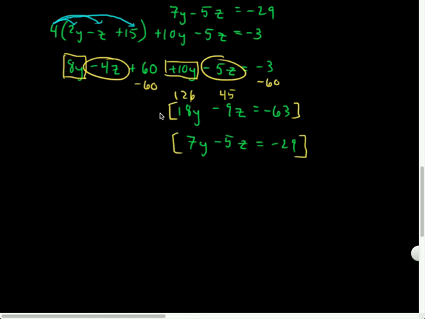All right, so what do I multiply the top equation by? 5. And what do I multiply the bottom equation by? 9. And one of those you have to make negative. Sure, we'll make the bottom one negative. It doesn't technically matter. I'm going to write my next work over here just to give us some room.